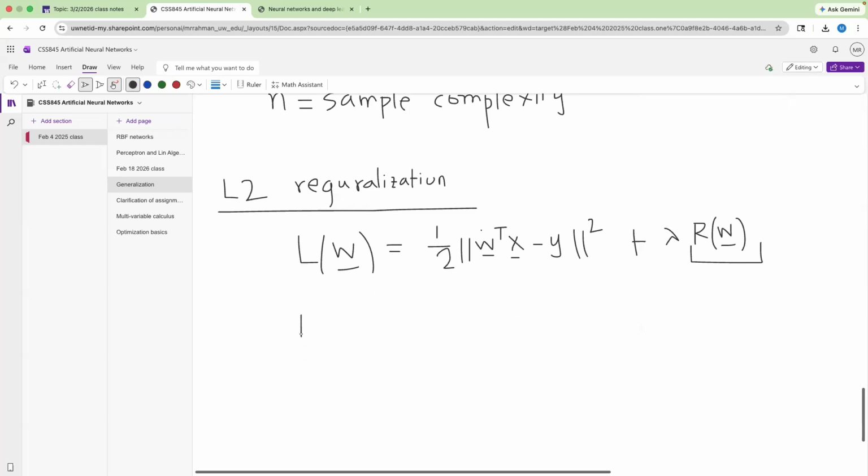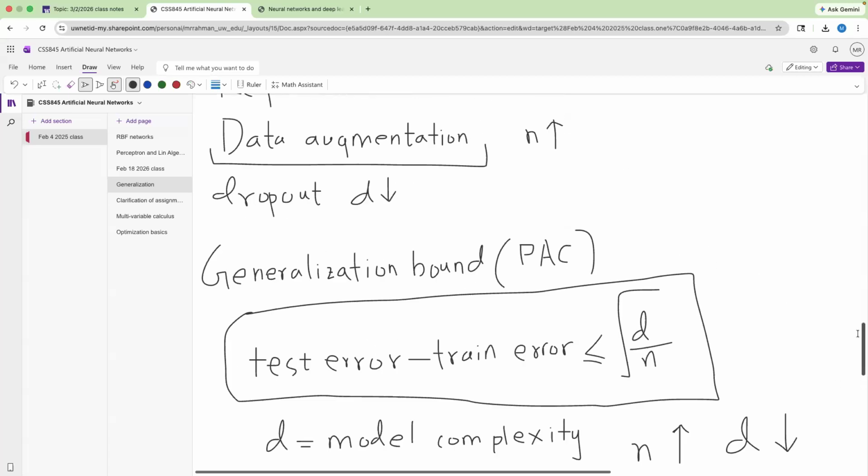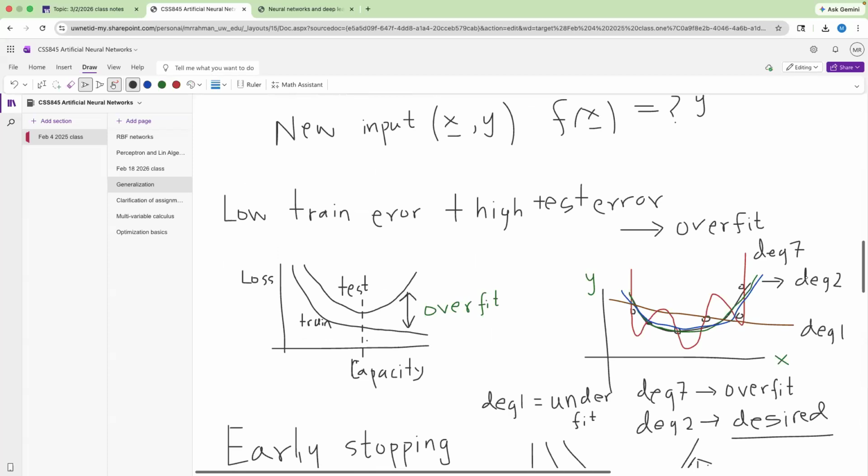And when your regularizer is the L2 norm squared, then this is called an L2 regularization, right? And the idea is that if you think back to this problem here, if you try to fit the curve with a degree 7 model, then what typically happens is that to have these bumps in your curve, you actually have to have very high values of your weight parameters, right?